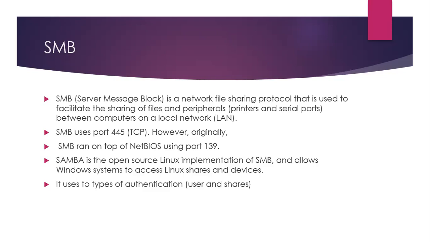Again, there are two types of authentication on SMB. We have the user and the share. In user authentication, you authenticate yourself as a user, using both username and password. In share authentication, you use just the password to be able to have access.